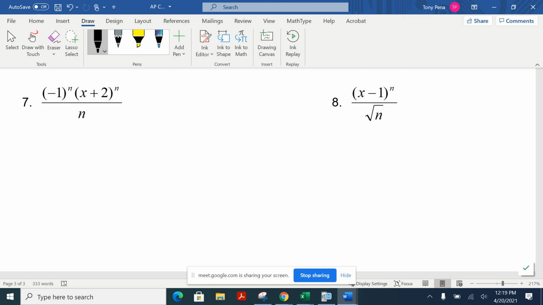Don't necessarily worry. Well, let's go ahead and do the negative now. I think I told you to cross it out the first time. Let's now deal with that negative. So we're going to do negative 1 to the n plus 1, x plus 2 to the n plus 1 over n plus 1, and then multiply by the reciprocal.